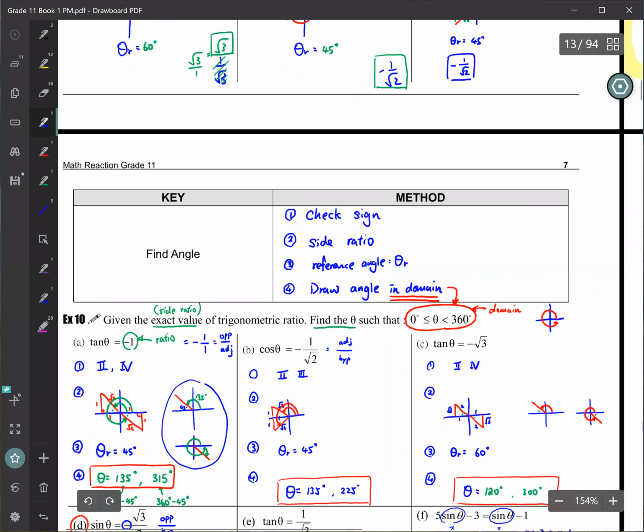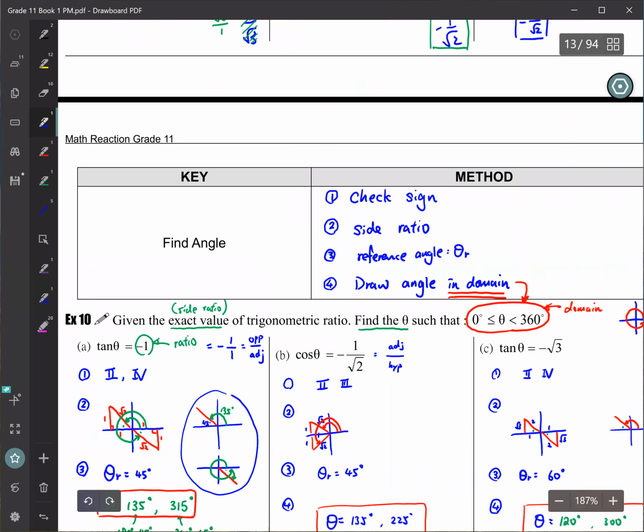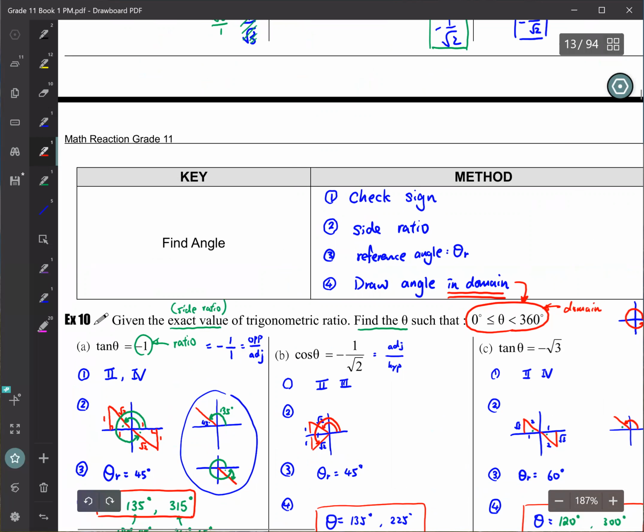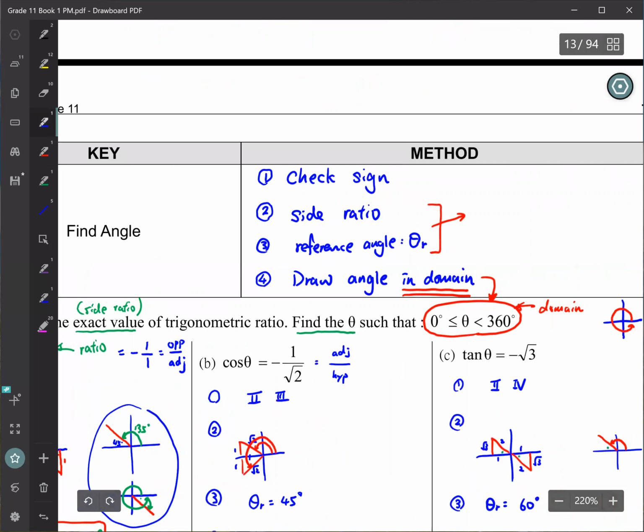Let's fill in the summary, before we forget the rules. So this part, step 2 and step 3: if the ratio is not special, then you cannot do step 2.